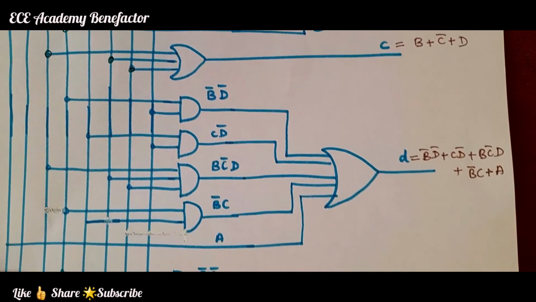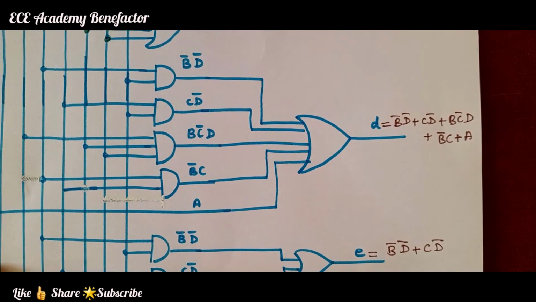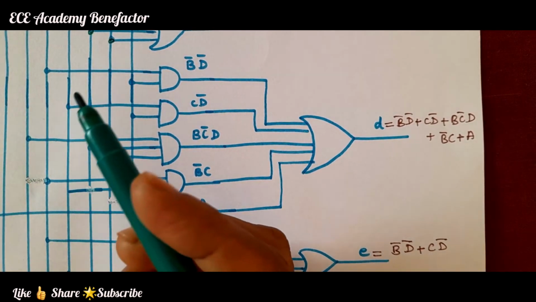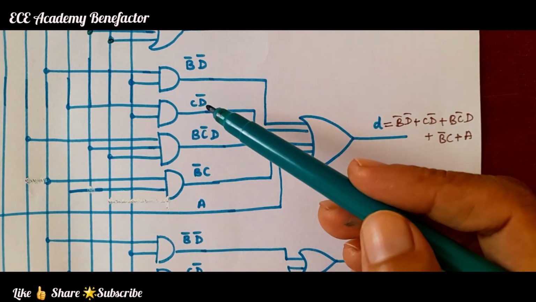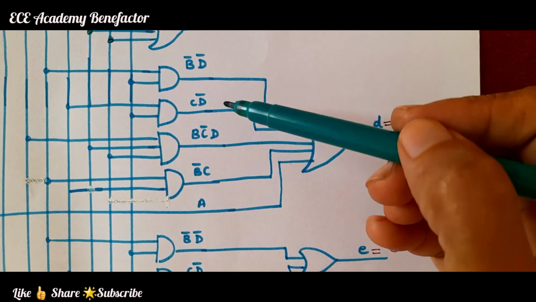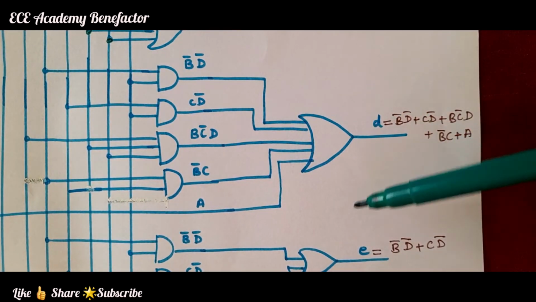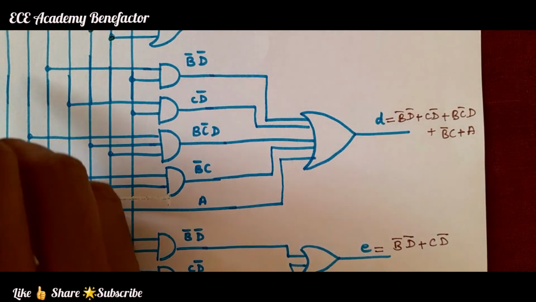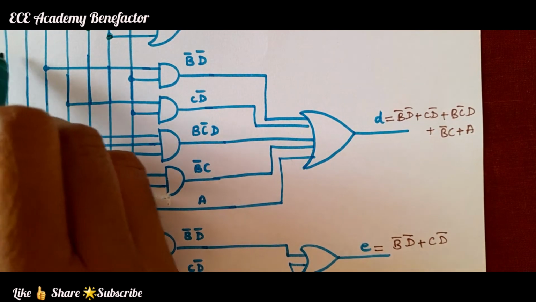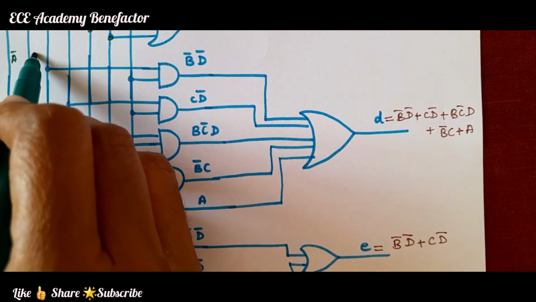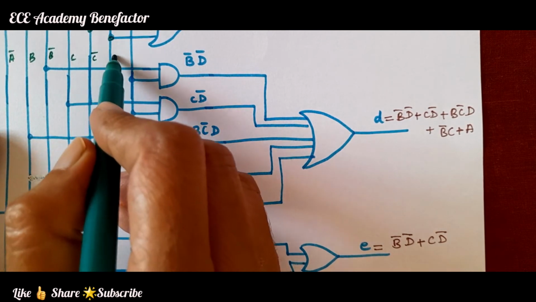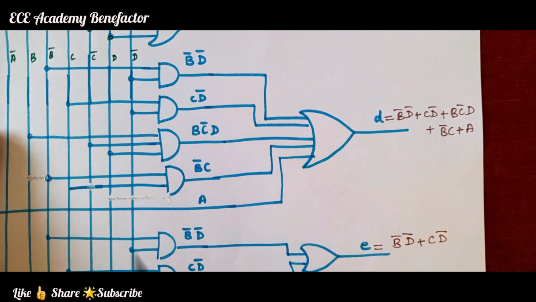Now to get the function D, we need to connect to B bar D bar, C D, B C D bar, B C bar D plus B bar C and A. So you know the lines here, it is A bar, B, B bar, C, C bar, D, D bar.